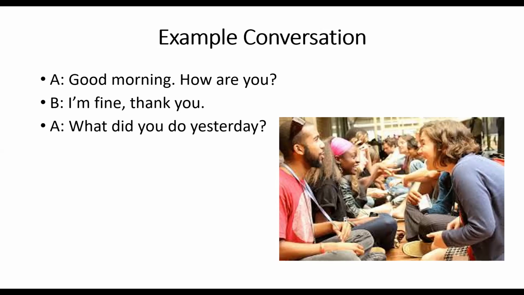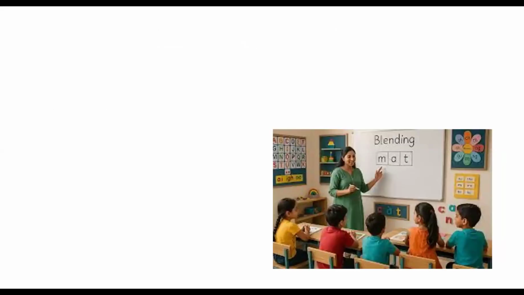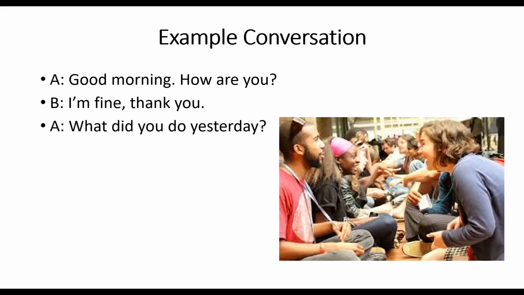And then the teacher asks, "What did you do yesterday?" One of the students responds, "I visited my parents' house," for example. And the conversation can go on and on. This is a conversation method. So you use this conversation to build the fluency.